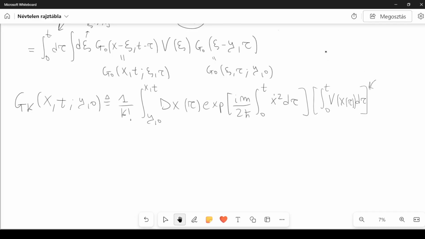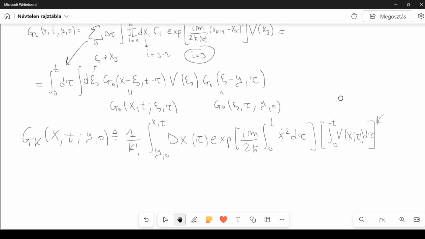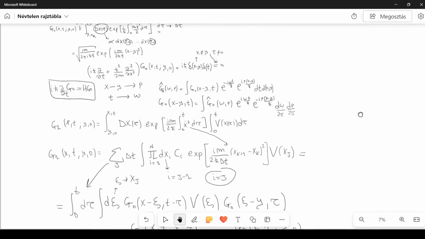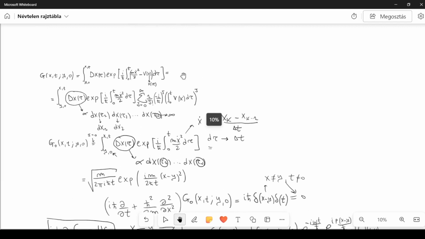So actually this is not really surprising, because all these terms basically appear in the expansion that we wrote in here. So those terms are really not surprising.